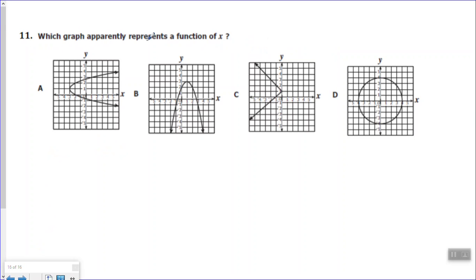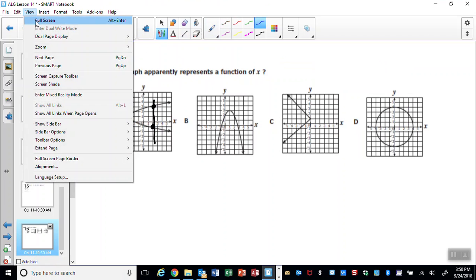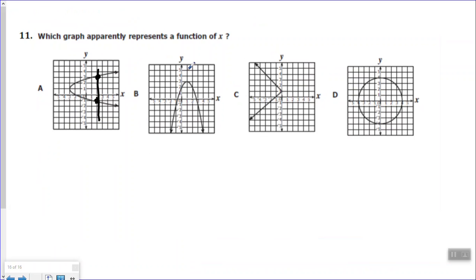Which graph represents a function of x? Do the vertical line test. If you draw a vertical line here, it hits twice. Let me use a different color. And if you draw a vertical line here, it hits the graph only once, right? No matter where you put a vertical line, it hits the graph only once.